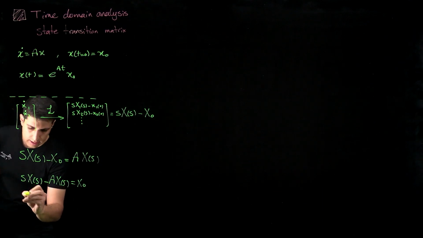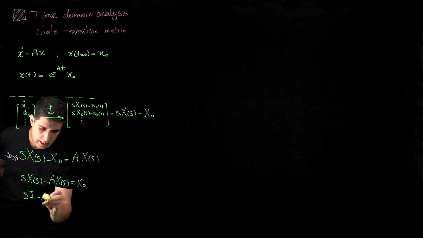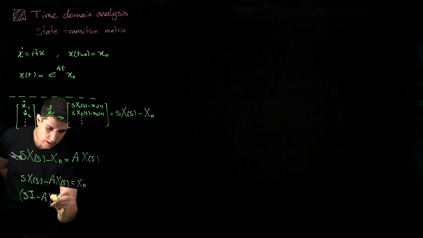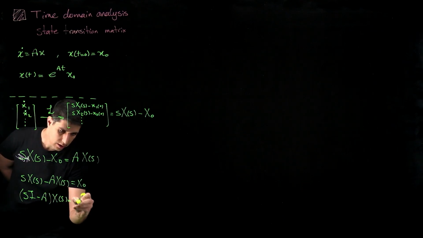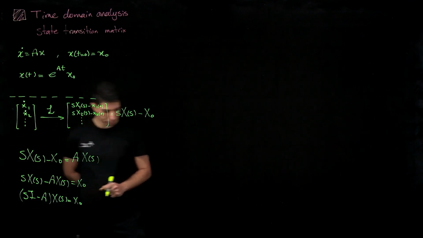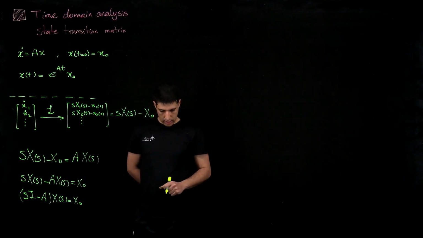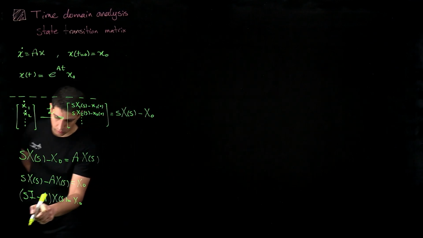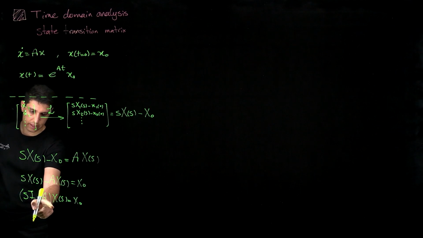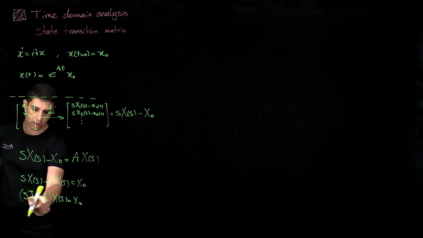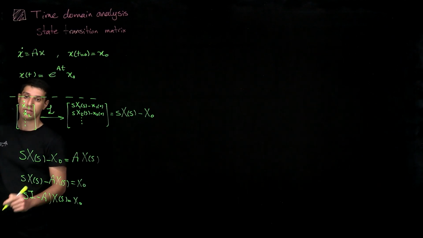So I can write it as sI minus A times X of s equals x naught. And I'm going to multiply by the inverse of sI minus A, hoping that it is invertible.